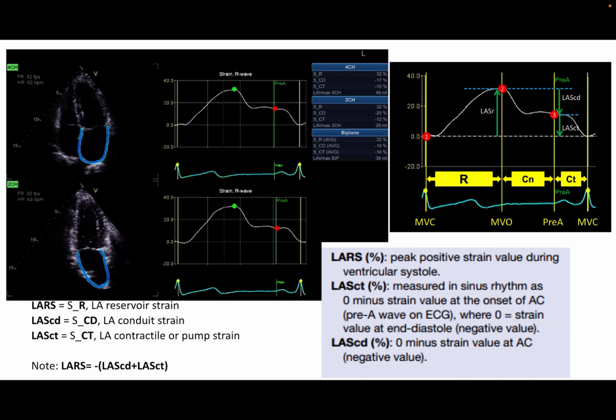The formula on the slide: LARS is equal to LASCD plus LASCT, where CD is conduit and CT is contractility. Most modern echo software calculates this automatically from the speckle tracking algorithm.